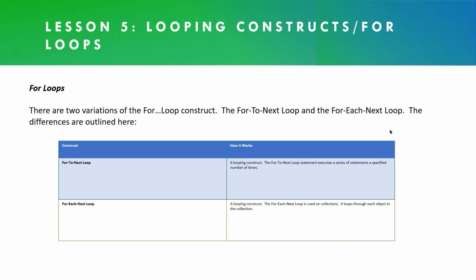The for each next loop is used on collections, and it loops through each object in the collection. We're going to be using both of these constructs in this last topic. And we'll be doing this on the sales fiscal year macro-enabled file.